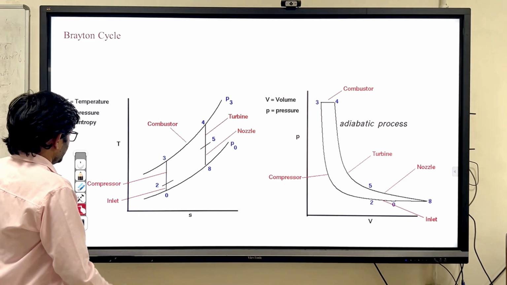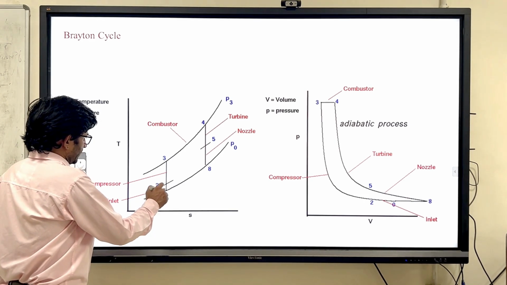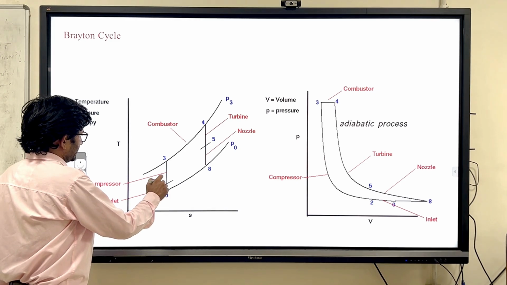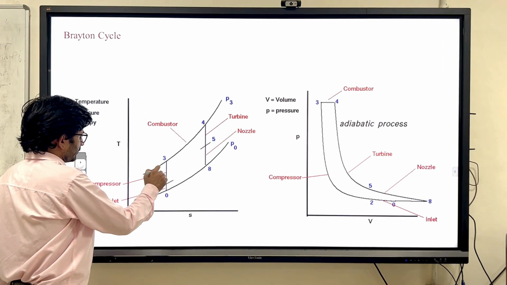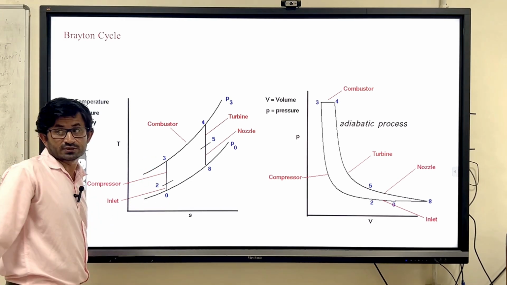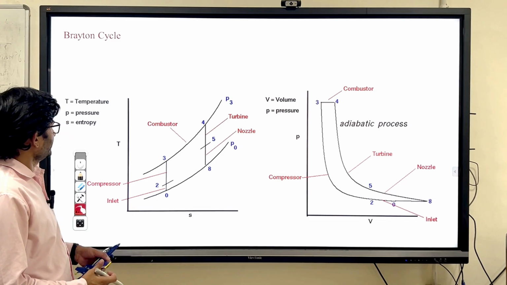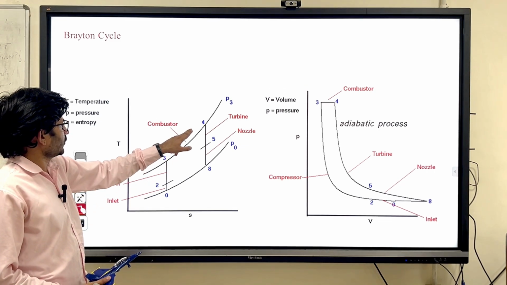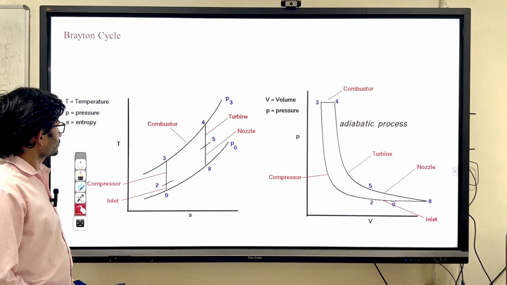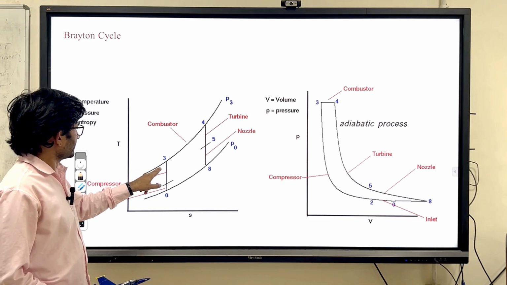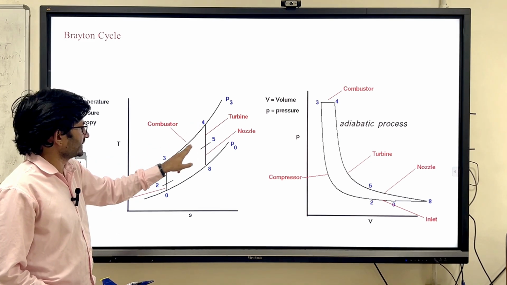Okay. Now from 0 to 2 you have an increase in temperature, and 2 to 3 you have an increase in temperature, but entropy remains constant. And 3 to 4 is where combustion takes place. Okay. So now you will see there is a rise in temperature and a rise in entropy.